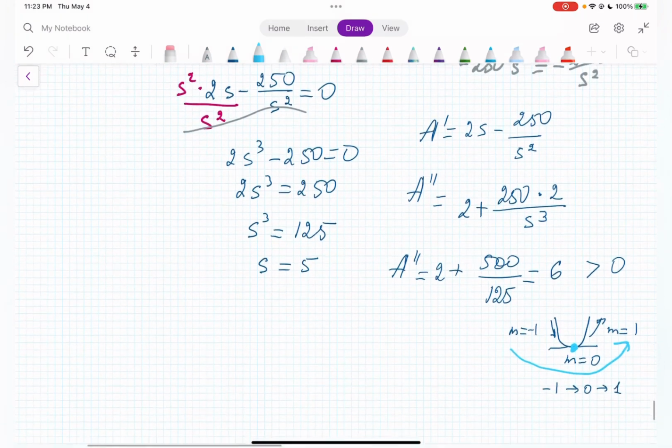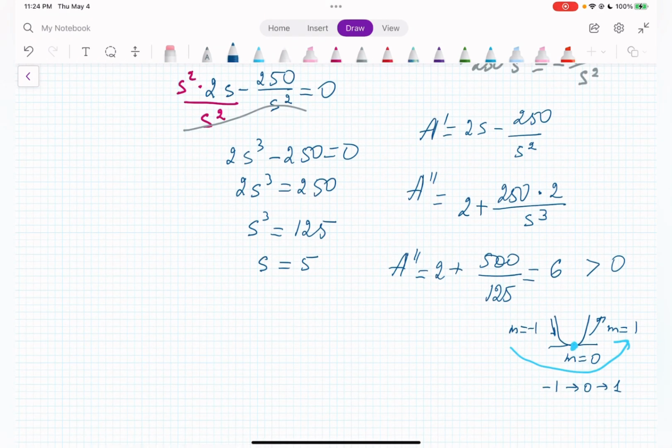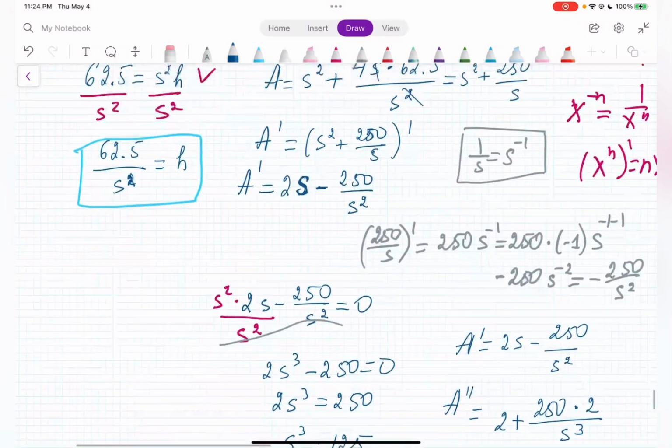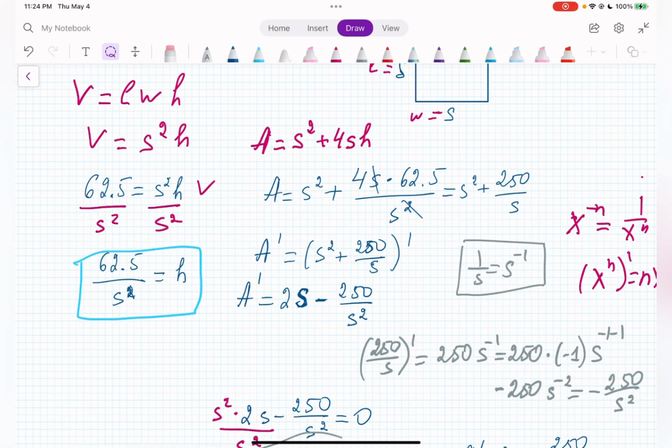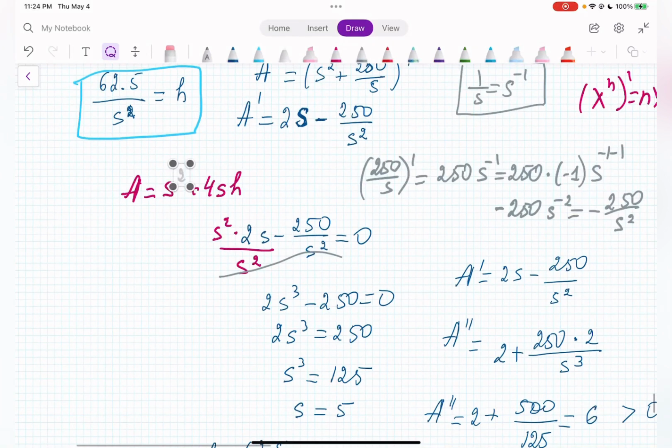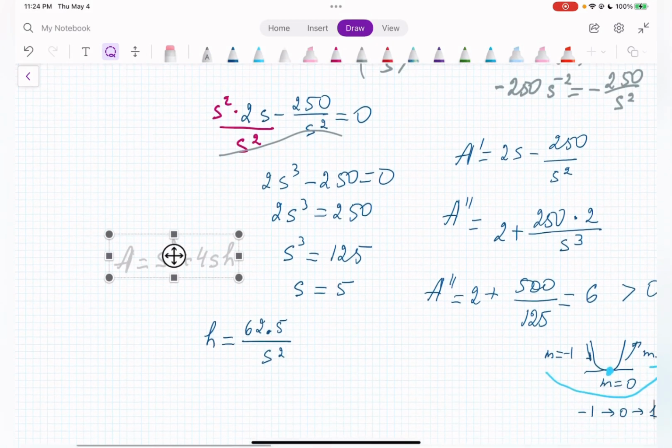Let me write it down. Once we found s, we need to plug into this formula to get the minimum area.